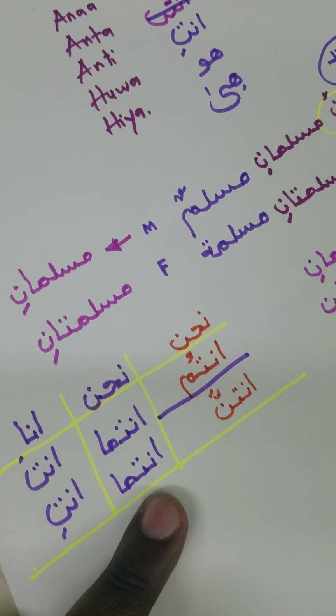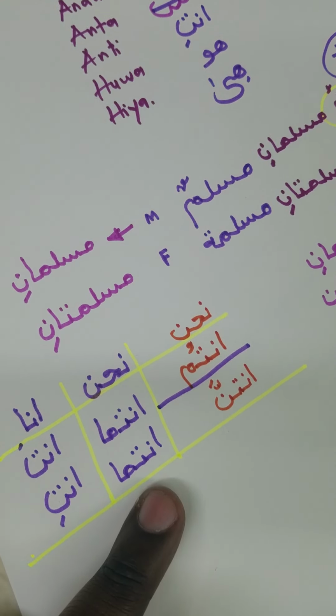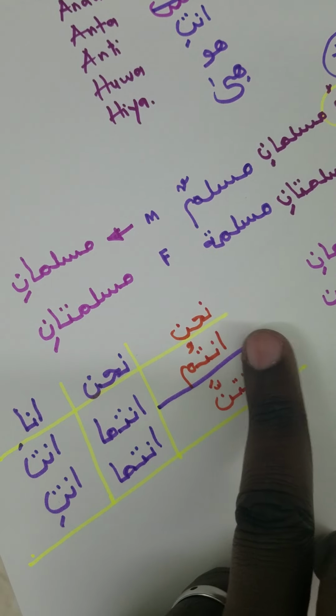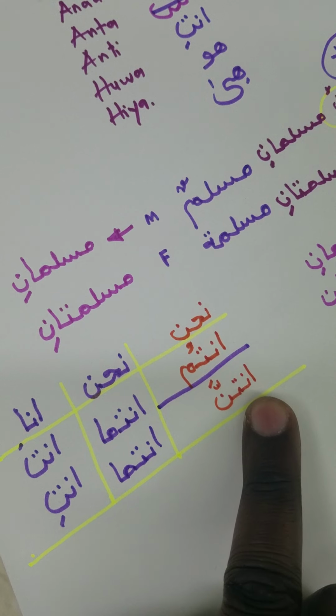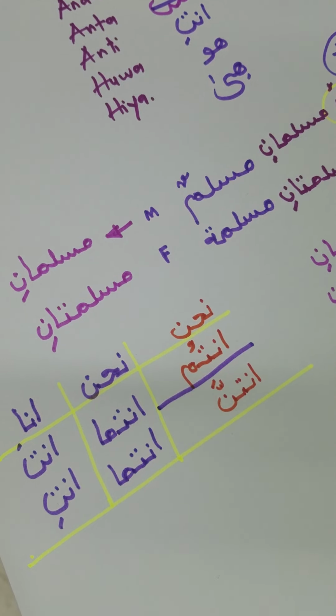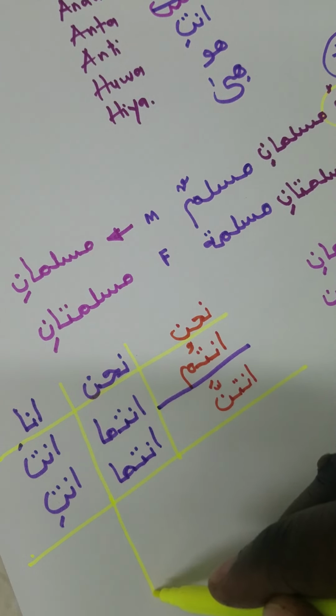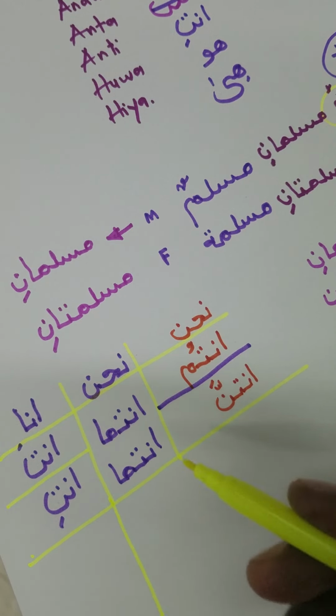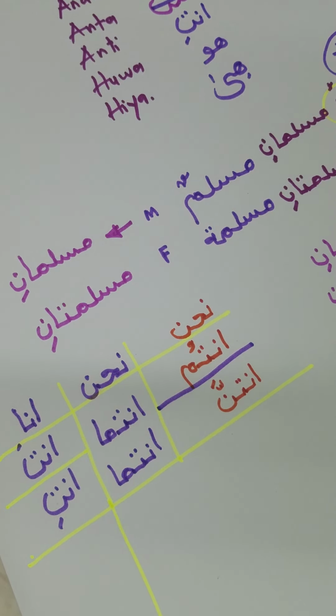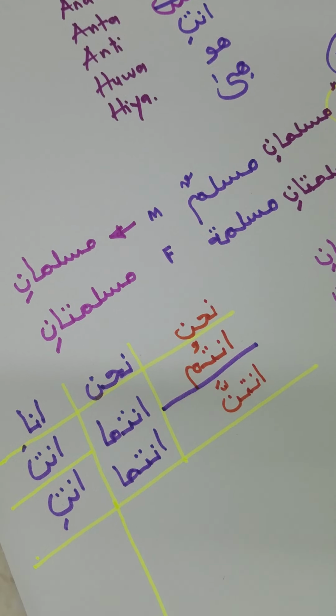I'm going so slow so that you do not confuse anything here. Male, antum; female, antunna. When it comes to they, we shall just pull this one down. Male, they: for singular, we had huwa.